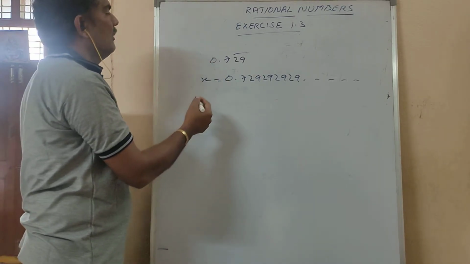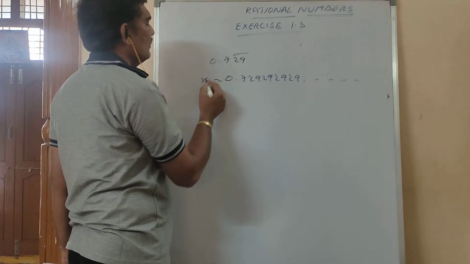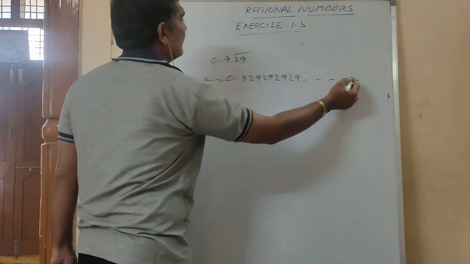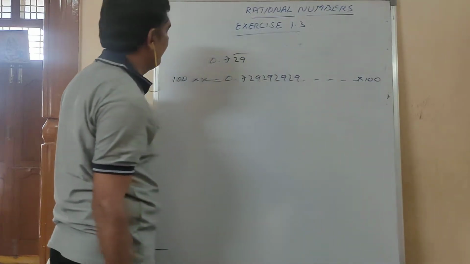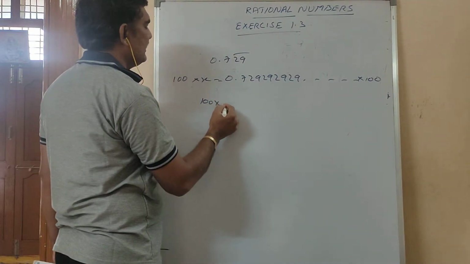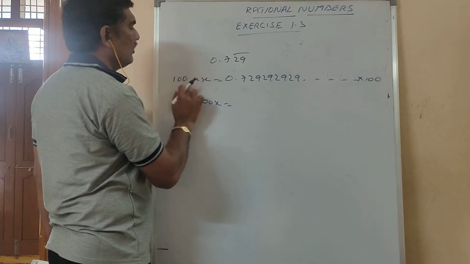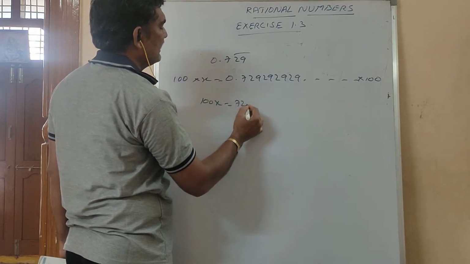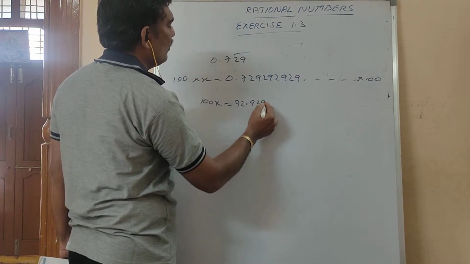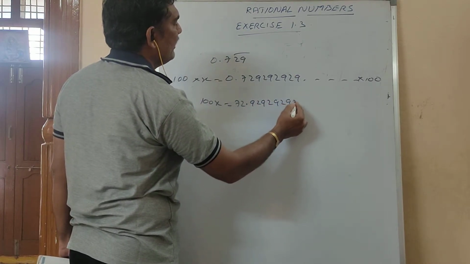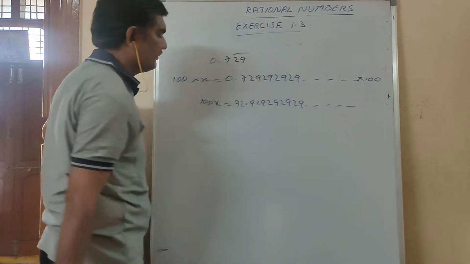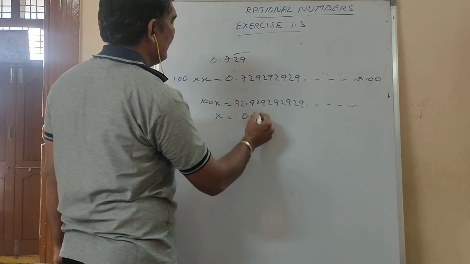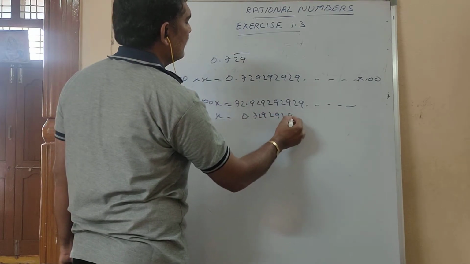Next, periodicity is 2, so you have to multiply both sides with 100. 100 into x is how much? 100x. Since two zeros are there, the decimal will jump two digits: 72.929292929 etc. It is the 100x value. The x value is 0.72929.